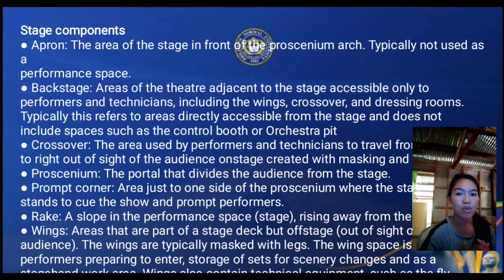So to those who can see the stage in our campus, there are left wing and right wing where the performers enter or where they hide their other props or small props in times that there is a quick change of costume or quick change of any of their props.